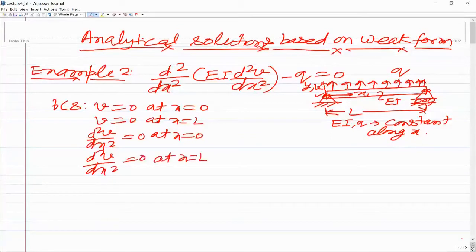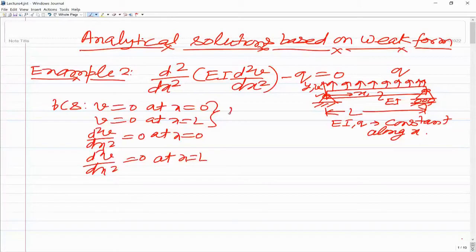Out of these boundary conditions, for the first two, for this problem we have already derived the weak form. We have seen that v and dv by dx are primary variables, and if they are prescribed, those boundary conditions are essential boundary conditions. In the first two boundary conditions, v, which is a primary variable, is prescribed.